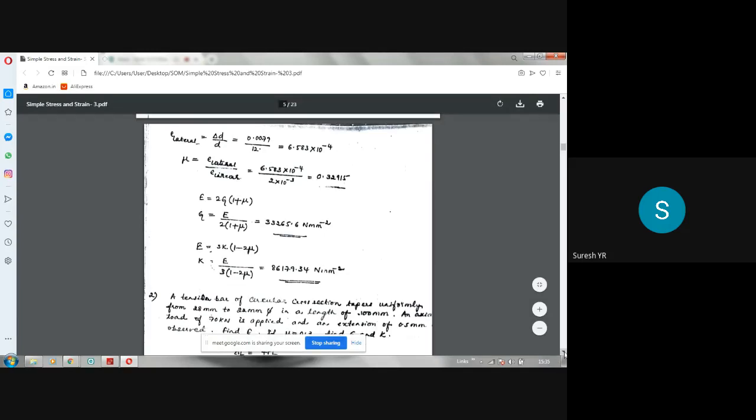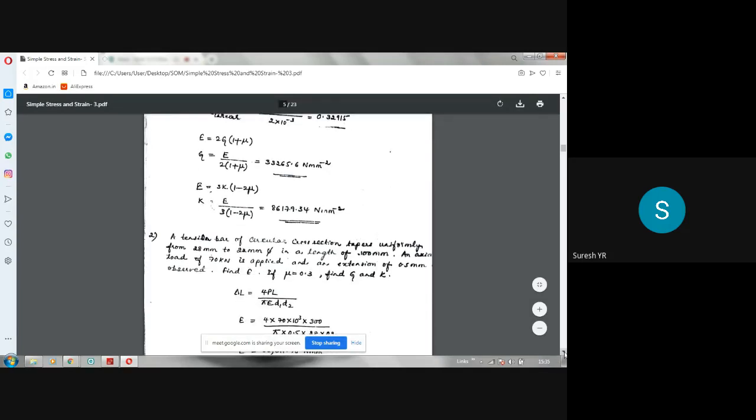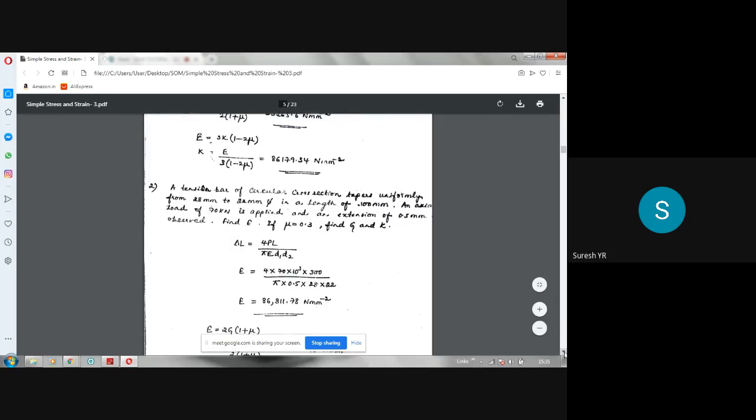Next, second problem. See, a tensile bar of circular cross section tapers uniformly from 28 mm to 22 mm diameter in a length of 300 mm. Please take this as 300 mm.